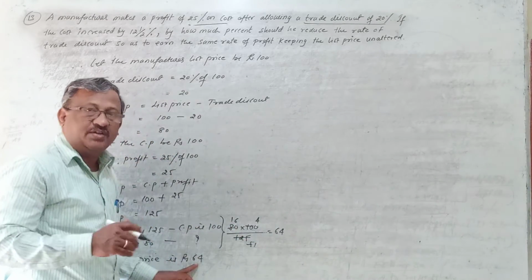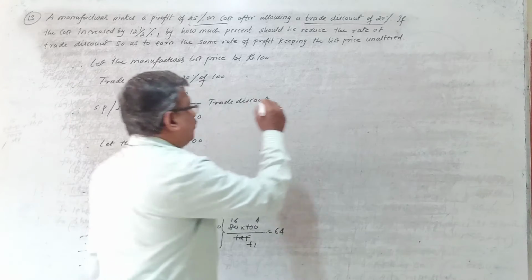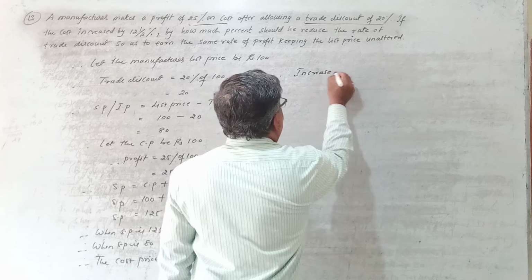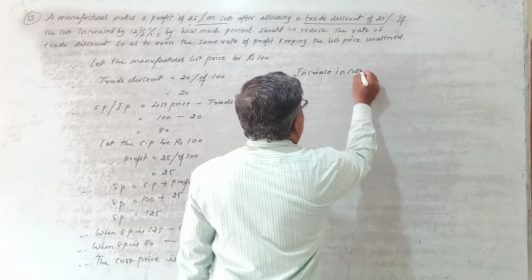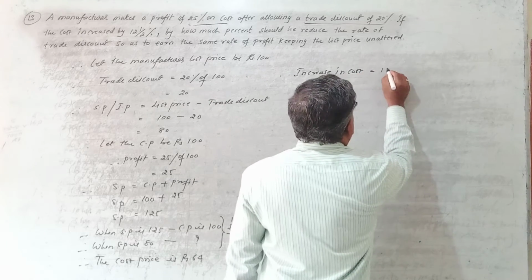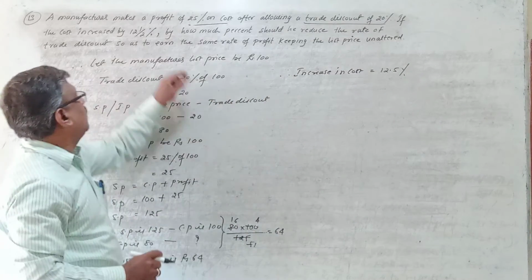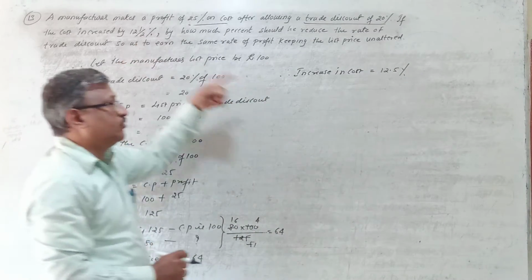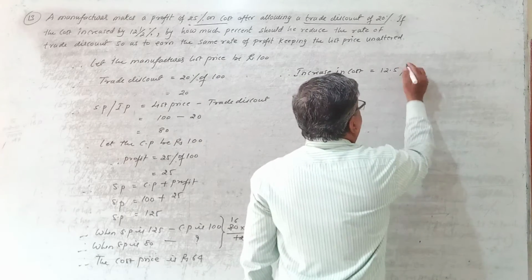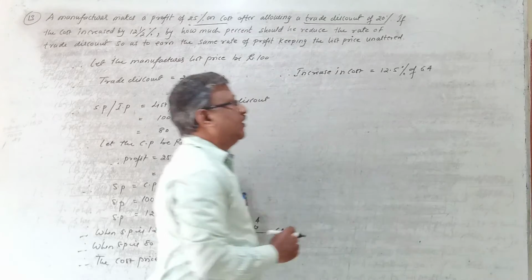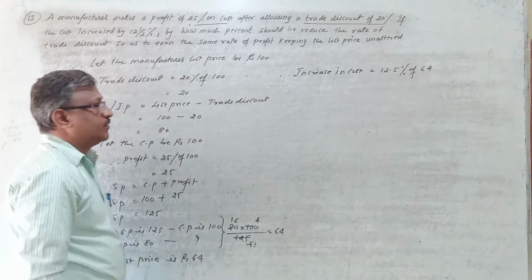Now let's calculate. If this cost is increased by 12.5%, you have to calculate the increase in cost. Increase in cost equals 12.5% of what? Of the already known 64 rupees.